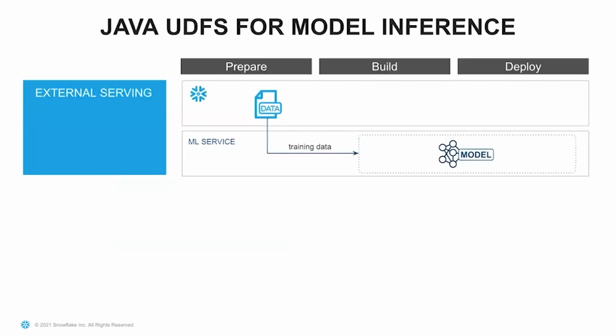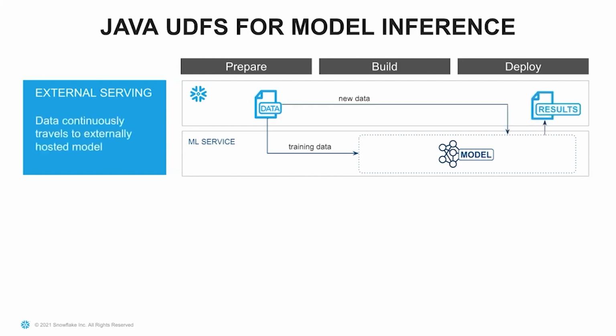And here we can see the traditional external serving model, where, of course, you prepare your data in Snowflake, you create the model with your favorite tools, and then when it's deployed, the model still exists outside of Snowflake, and Snowflake can call it, for example, with external function.